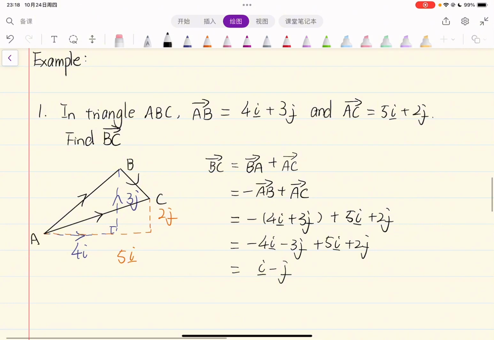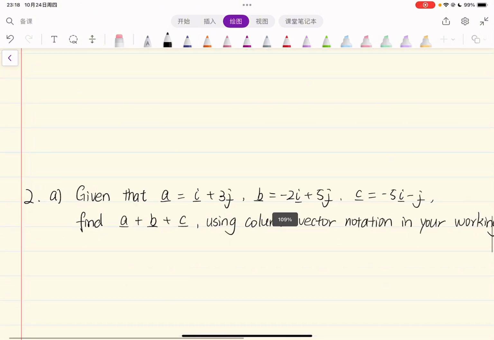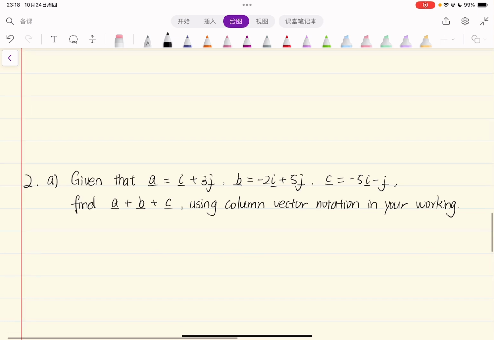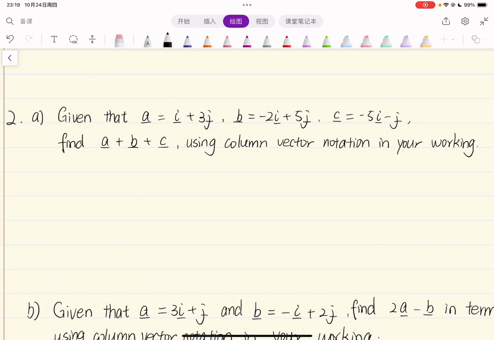Now let's move on to see other questions. Given that a equals i plus 3j, b equals negative 2i plus 5j, c equals negative 5i minus j. Find a plus b plus c, using column vector notation in your working.